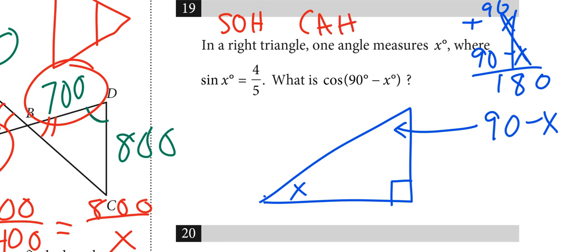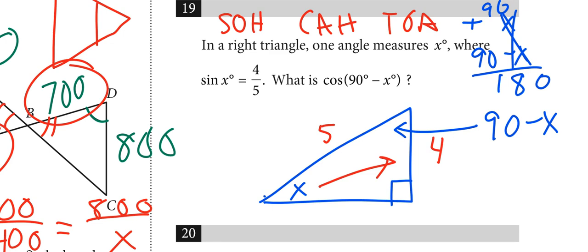Good old SOHCAHTOA. The sine of angle x, let's see here, we got opposite, hypotenuse. What kind of triangle is this, by the way? This is the 3, 4, 5.